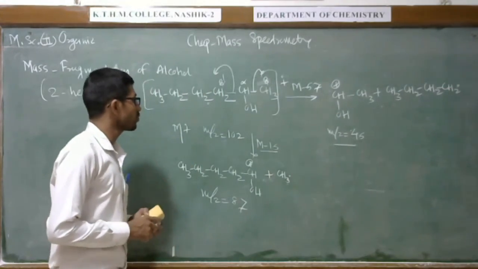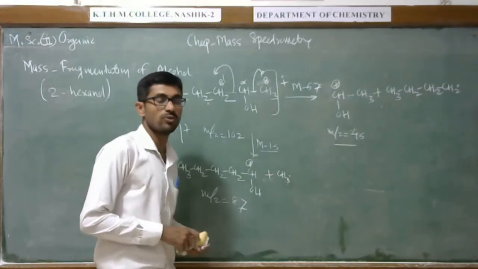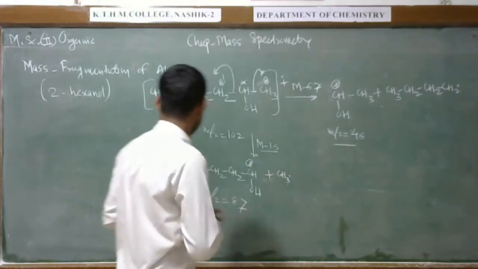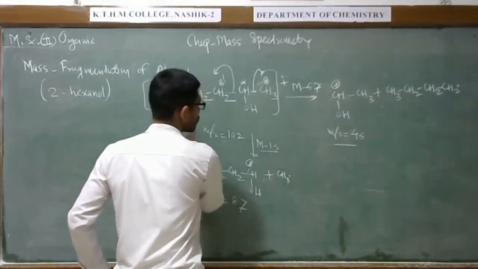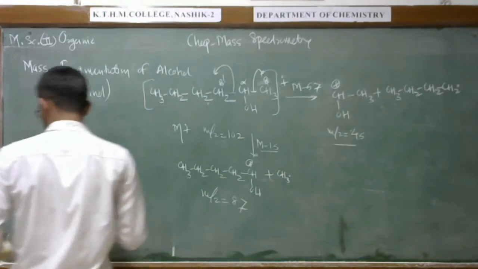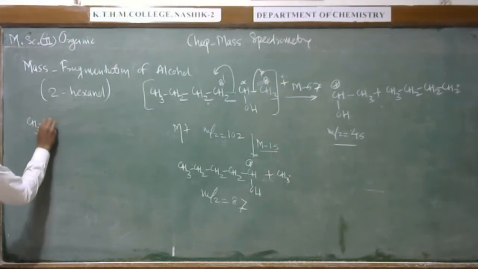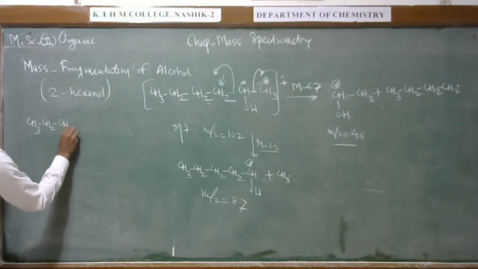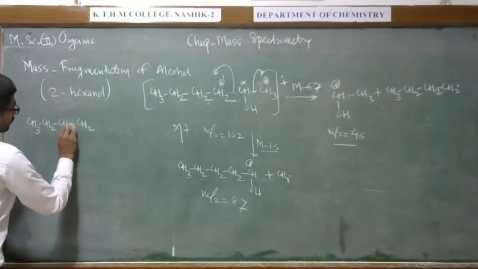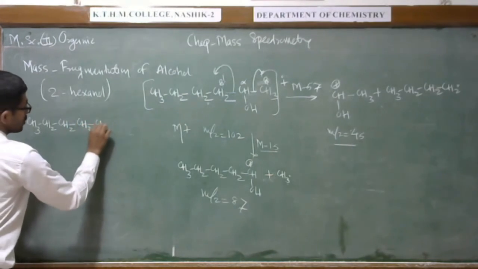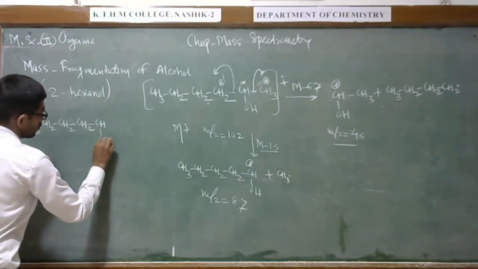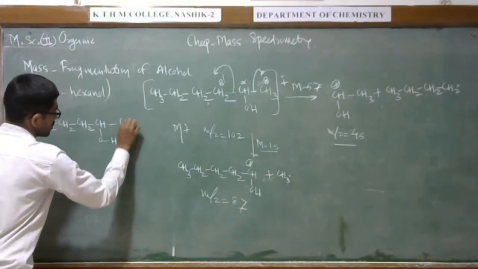Next, we have to show the loss of water molecule because here gamma hydrogen is present. When gamma hydrogen is present, we have to show the loss of water molecule. For this, I show the molecule this way: CH3, CH2, CH2, CH2, CHOH, CH3.